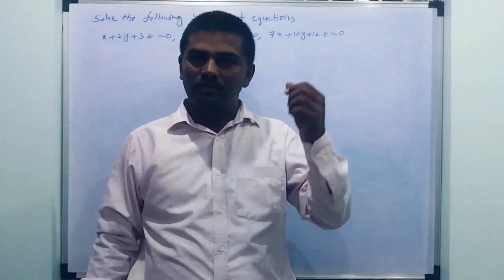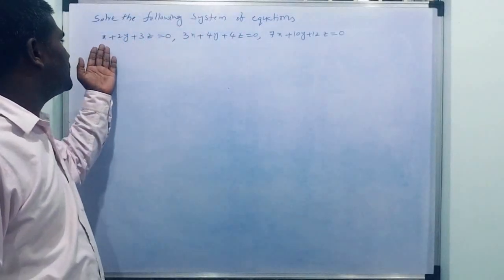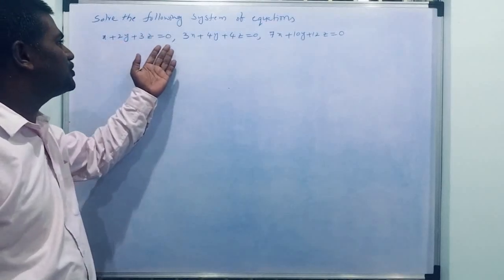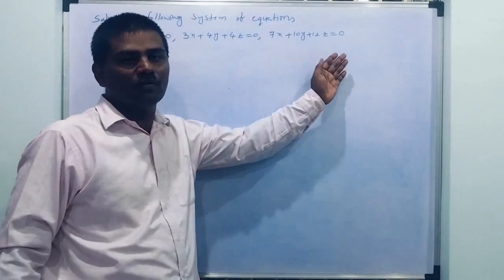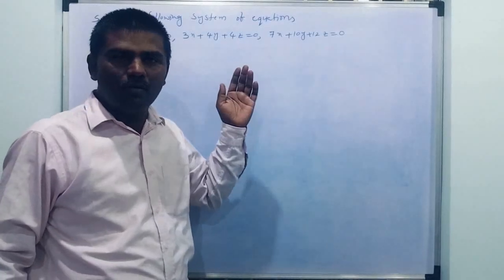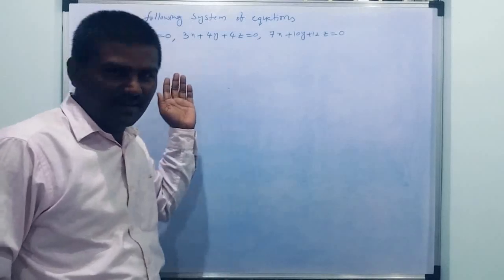Now let us solve the given system of homogeneous equations. Here are the equations: x plus 2y plus 3z equal to 0, 3x plus 4y plus 4z equal to 0, 7x plus 10y plus 12z equal to 0. Now I am writing the matrix form of the given system directly.